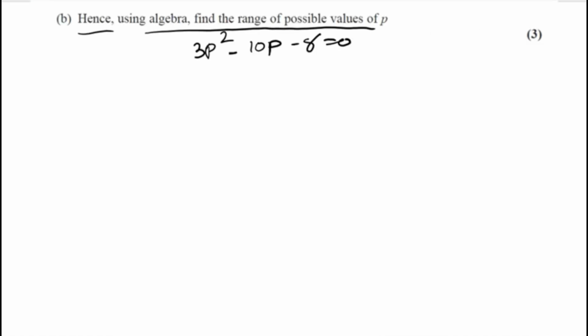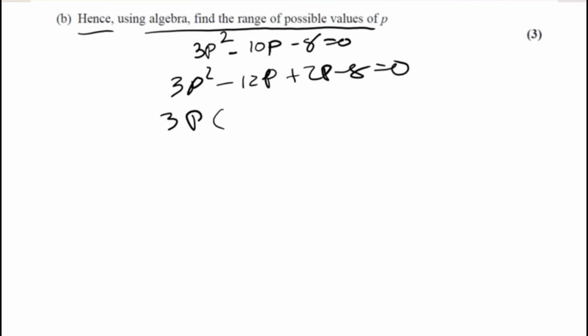Part B is: using algebra, find the range of possible values of p. This is our equation. We got greater than 0, but we have to find the values of p. So we are writing equal to 0. Now factorize it. Minus 12p plus 2p minus 8 is equal to 0. 3p is common, so I can get (p minus 4).